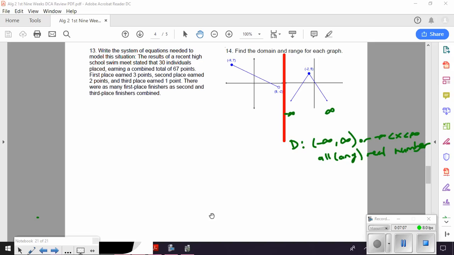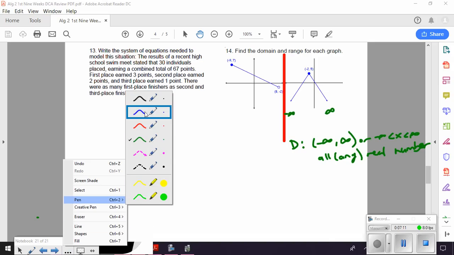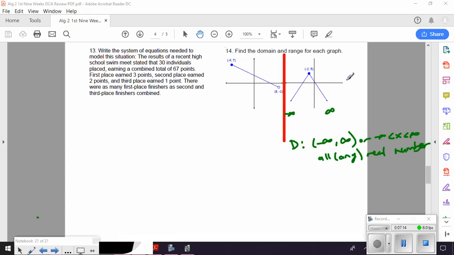All right. Now let's talk about the range. Range is always your y. Start at the lowest of the low. So down here, again, there's arrows. So that's negative infinity. But when I trace the graph to the top, the highest point it goes, there's a dot that stops the graph from continuing to go up. So we can build a frame there. The y value is 5.